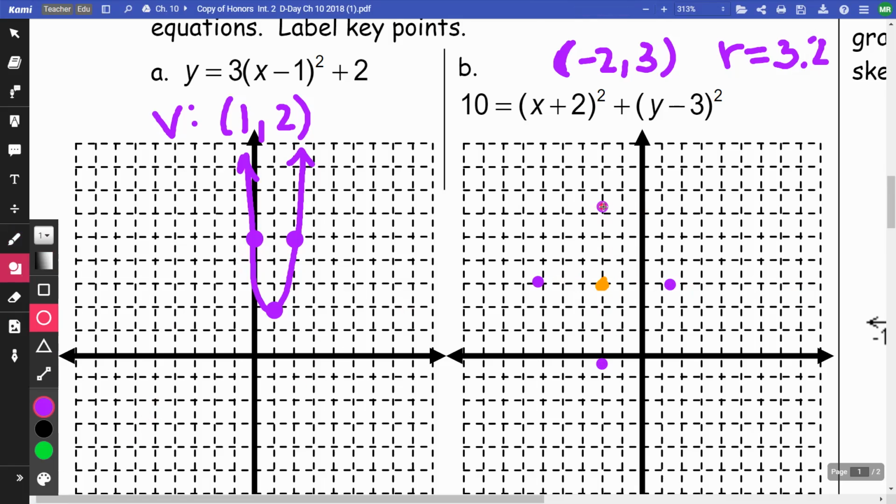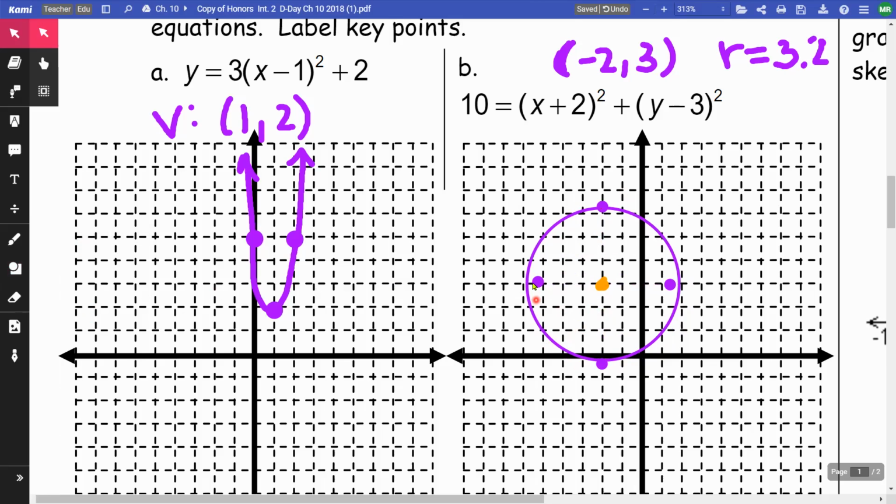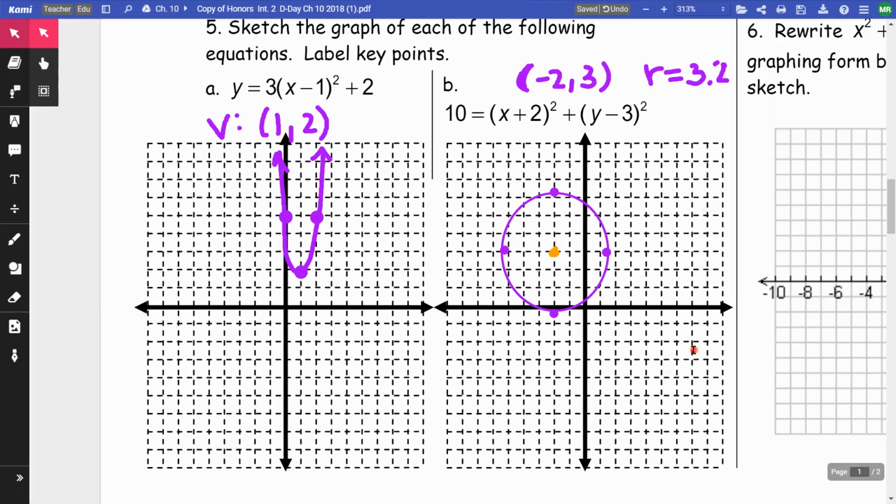I'm going to start at one of these points and drag it out. Let go of it. Okay, and there's our circle. Now, this is not going to be perfect here because this looks like the graph paper is a little bit made into a rectangle as opposed to a square. Okay, so there's the best we can do.